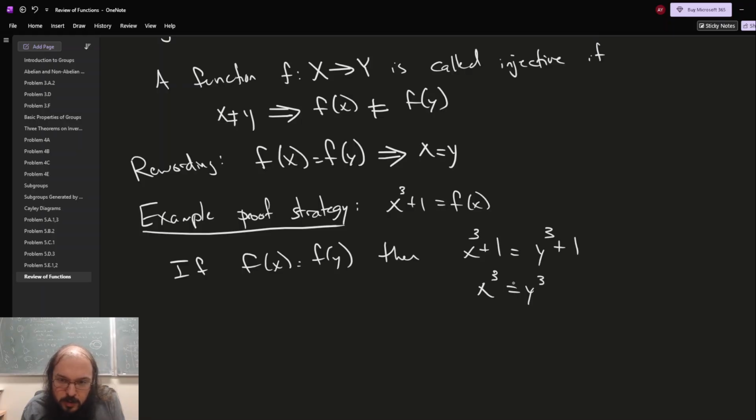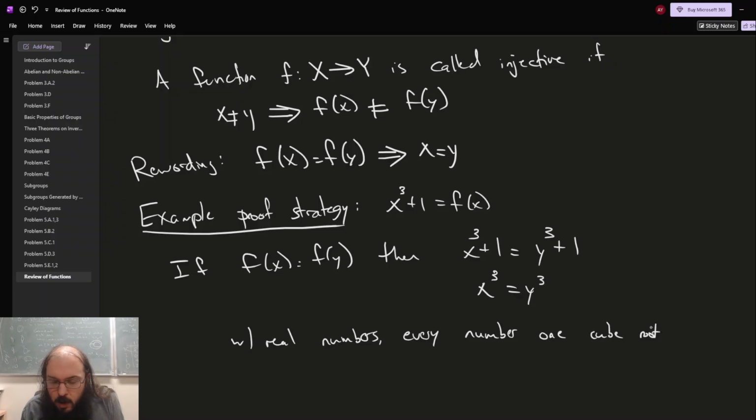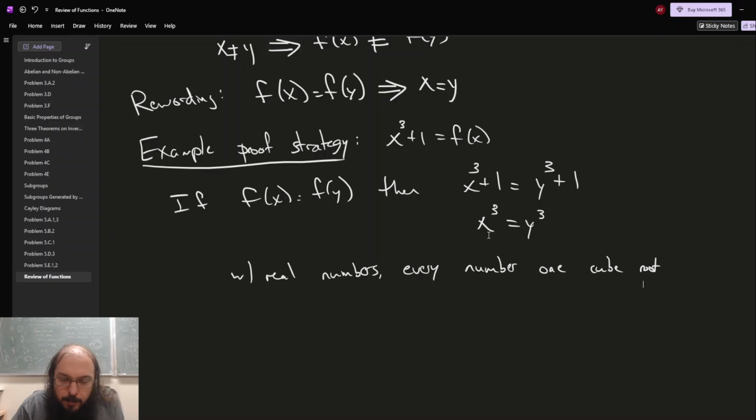With real numbers, every number has one cube root. Unlike, for example, with square root, where there could be positive or negative, because, well, 1 to the third power is 1, minus 1 to the third power is minus 1. This implies x equals y by taking the third root of both sides.